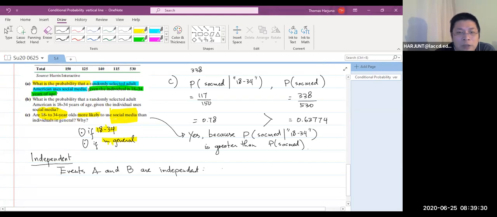Our textbook gives this formula: if event A is independent of event B, then the probability of those two events happening at the same time is equal to the probability of A times the probability of B.